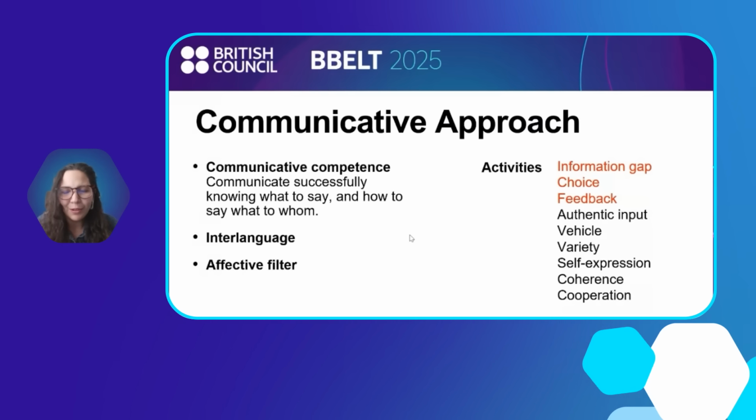That is very important while playing, because most times students will have to come up with some strategies to be able to communicate, and we need to understand that it has a name and that we can deal with it in the classroom. Then we have the affective filter.